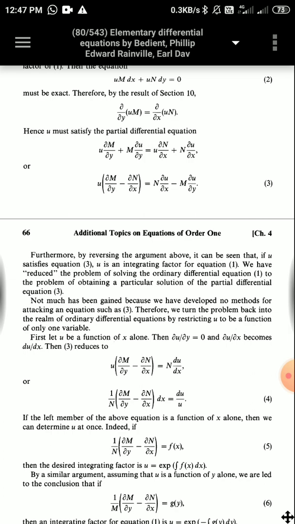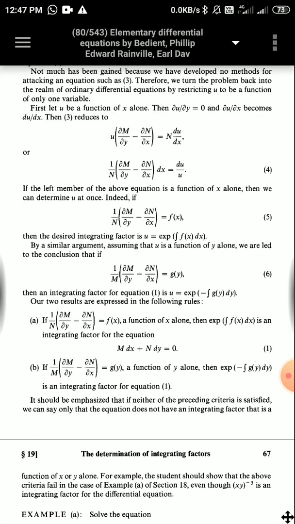By a similar argument, assuming that u is a function of y alone, we are led to the conclusion that if 1 upon M (∂M/∂y minus ∂N/∂x) is equal to g of y, then an integrating factor for equation 1 is u equal to e raised to the power minus integration g of y dy.